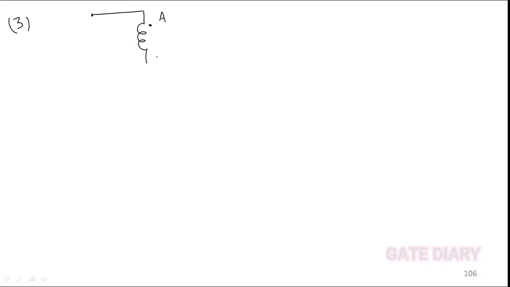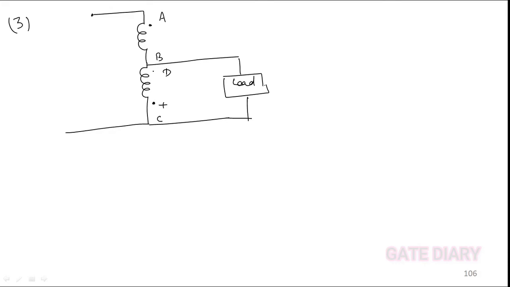This is winding A and B, and here you can connect D and C. So the dot is here. Now you are connecting your load at the secondary side. This is positive, negative. This is positive, negative.